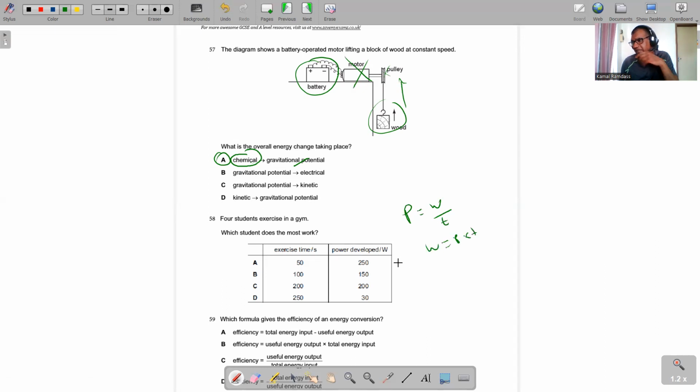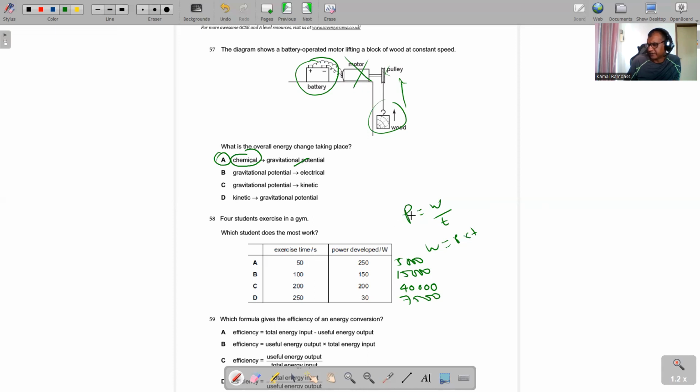We multiply 250 times 50. 250 multiplied by 50, we get 5000. 150 multiplied by 100, we get 15,000. 200 times 20, we get 4000. 200 multiplied by 200, 40,000. 15,000, 5,000. 250 times 30, 7500.